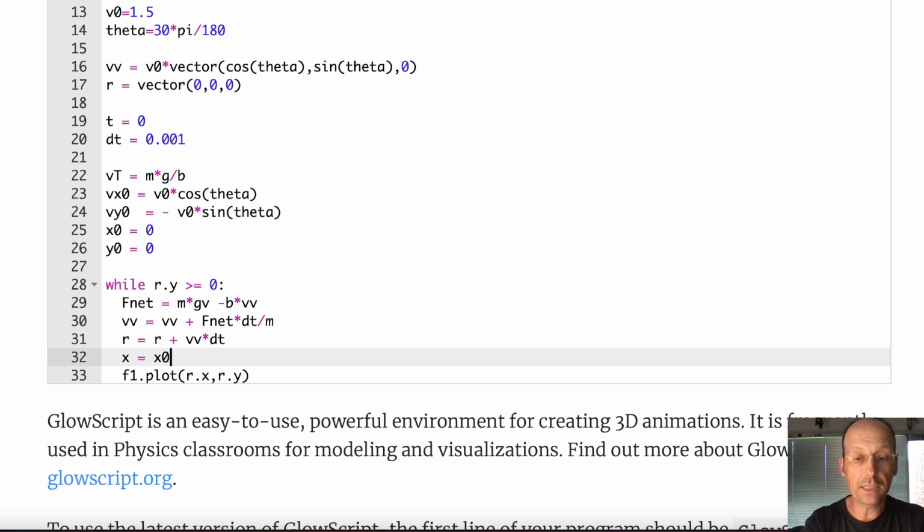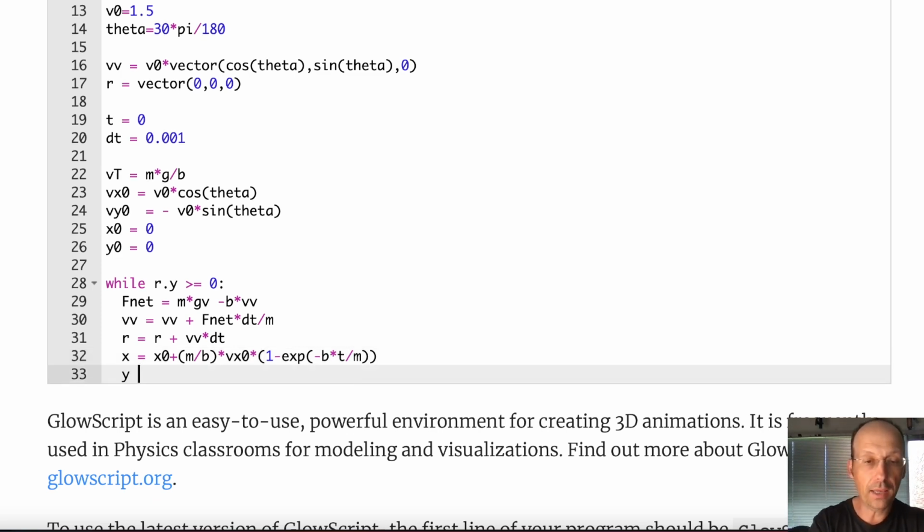So x equals x0 plus m times vx0 divided by b. This is m divided by b. I'm going to just do that. M divided by b times 1 minus the exponential of negative bt over m. Aha! B times t. Caught it. Okay, that's x.